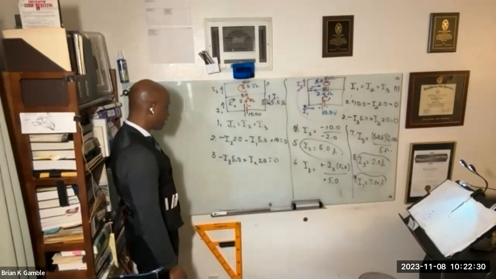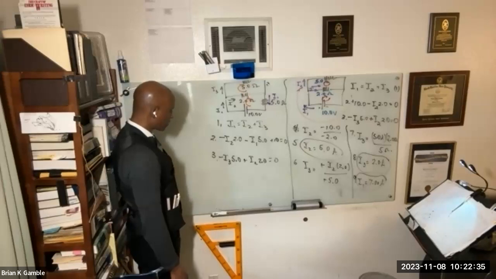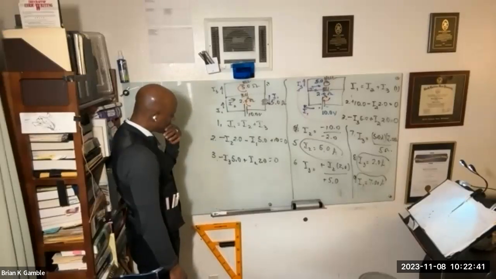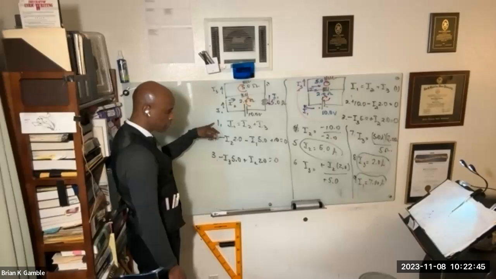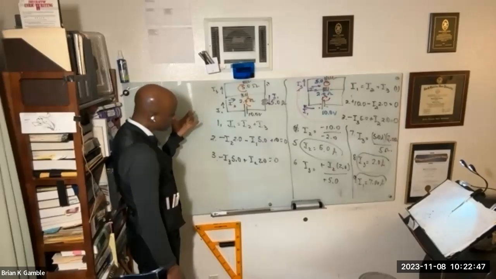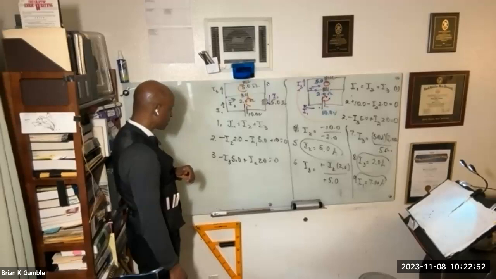When I add them, I eliminate I2, but that would just leave I1, so that really won't help. I guess probably what I would do is substitute equation 1 into the other. Honestly, you could probably do the Ohm's law method for this, but just to give you the idea, let's just go ahead and do that.